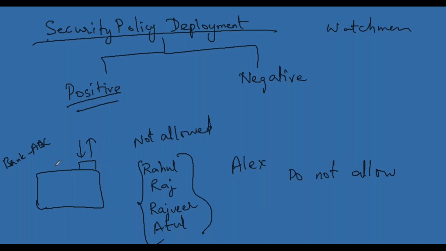Or maybe I'll show the photos of these people with their ID cards and tell the watchman to please not allow them, and apart from these people, the rest you can let enter into the bank. So this would be an example of your negative security model.